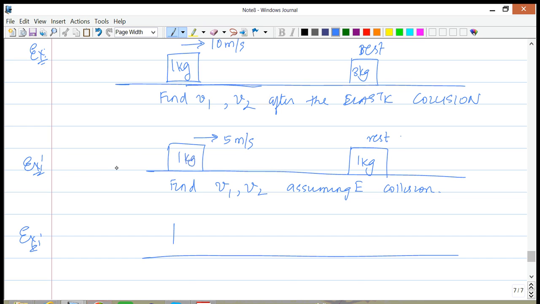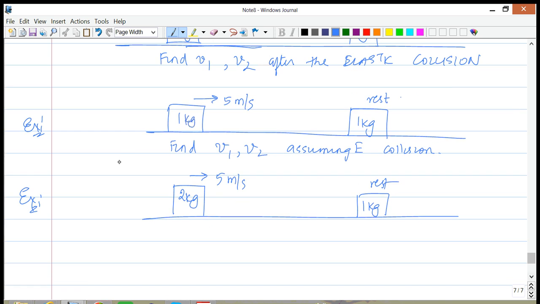And then here's a third one. This is slightly non-trivial, although it falls in the same category. You have a 2 kg block here that is moving to the right at let's say 5 meters per second, and you have a 1 kg block that is at rest, and the question is find V1, V2 right after collision, assuming that the collision is elastic.